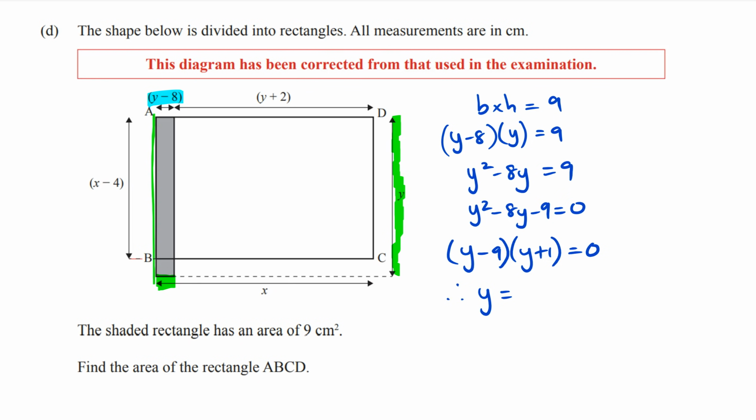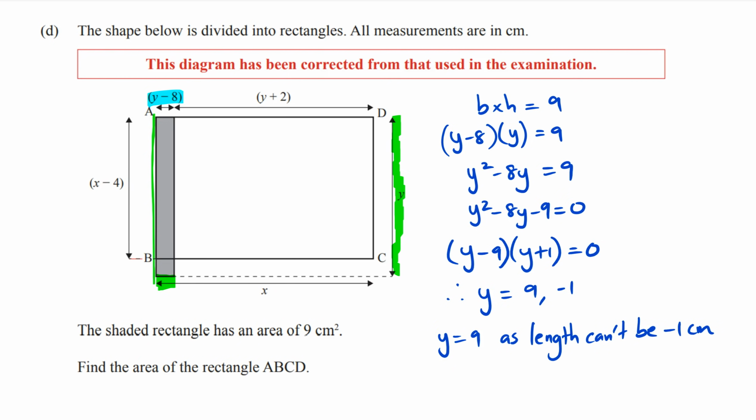Therefore, y is equal to positive 9 or negative 1. We need to use y is equal to 9, as length can't be negative 1 centimeters.